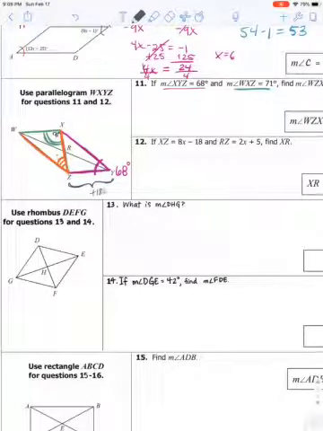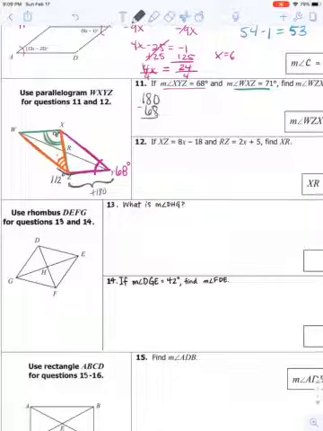They add up to 180. So the first thing I would do is subtract 68 from 180, right? And that's going to give us the entire measure of angle Z. So we get angle Z is 112 degrees. That whole angle there, right? This whole angle here.